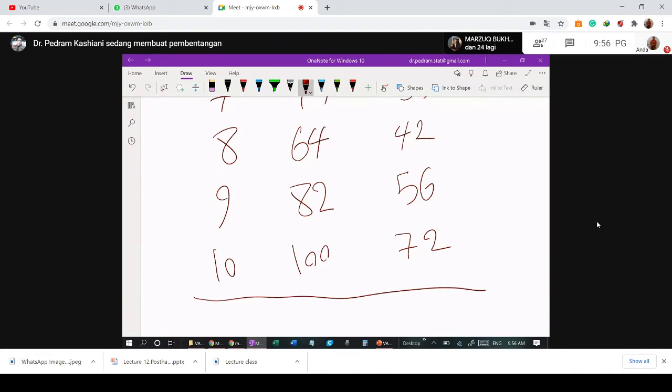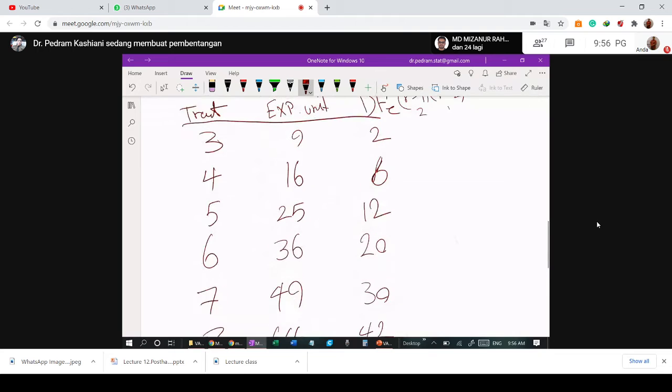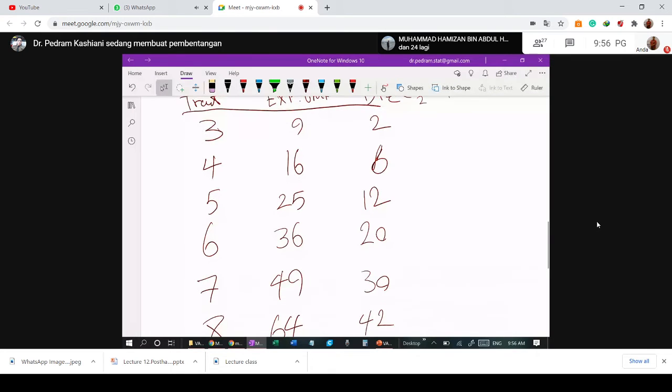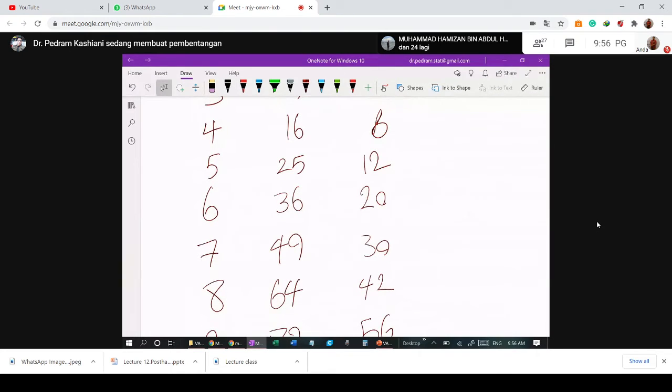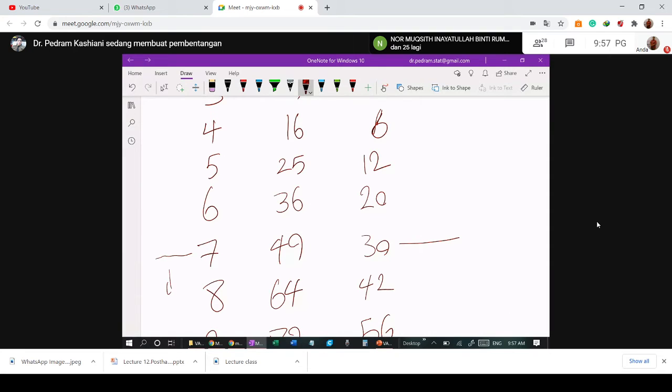Okay, so now if you look at this, you can see that this experiment for Latin square until 7 is manageable. It's still manageable. But more than this is too big.